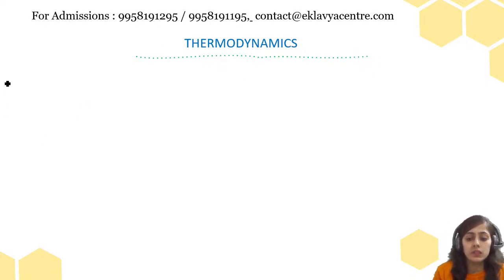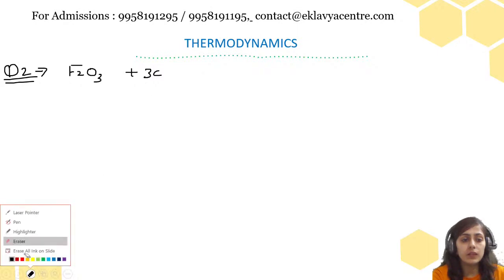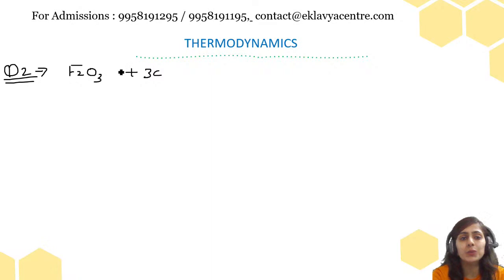we have this question, Fe2O3 plus 3CO. I'm not writing the states, okay? Or okay, I'll write the states so that it will become more clear to you.